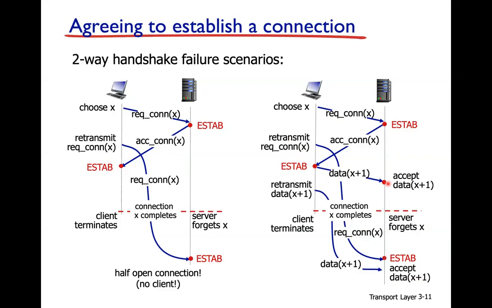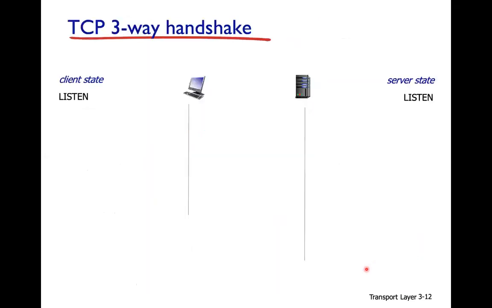So this one is not good, you make this information leaky. The server has already finished this connection, and it gets the new data and treats it like new data. But this one is the retransmitted one. So if we do a two-way handshake, we have some failures happen.